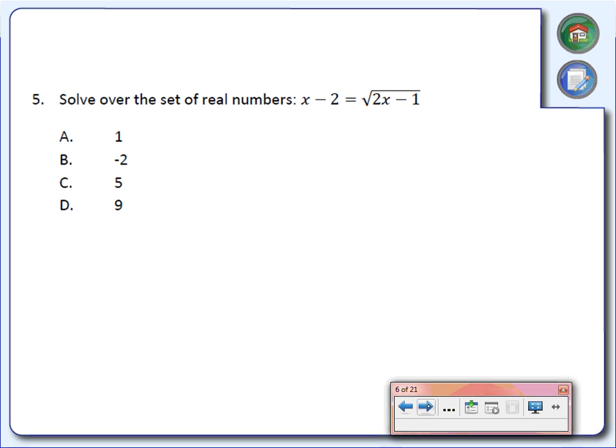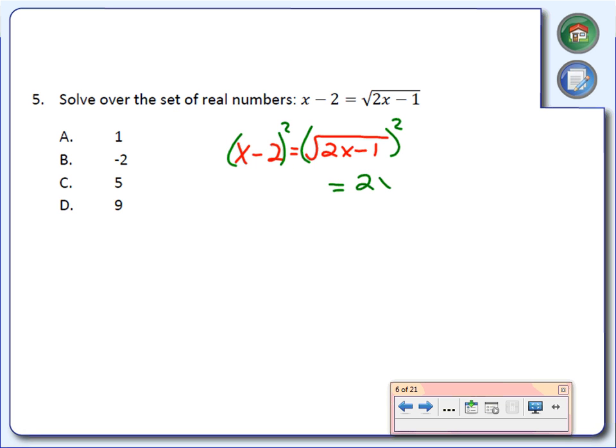All right, on number 5, we're solving the equation. We need to solve for x. We're going to take the equation and get rid of the square root, and the way we get rid of the square root is by squaring both sides of the equation. I'm going to start with the right side because it's the easiest side to square. If I square the right side, I end up with 2x minus 1.